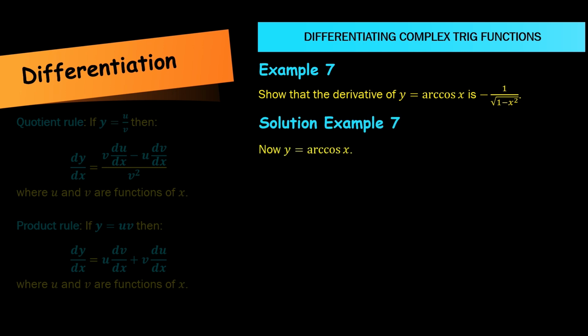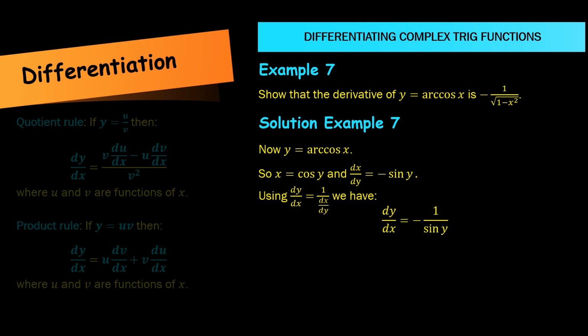Since y equals arccos x, we can rewrite this as x equals cos y. And therefore we have that dx/dy equals minus sin y. Using the fact that dy/dx equals 1 over dx/dy, we can rewrite dy/dx as minus 1 over sin y.